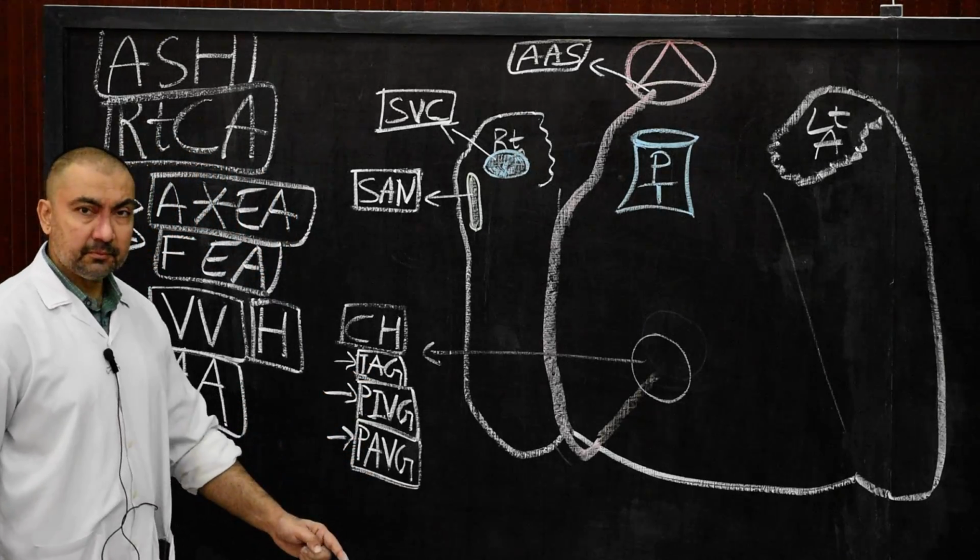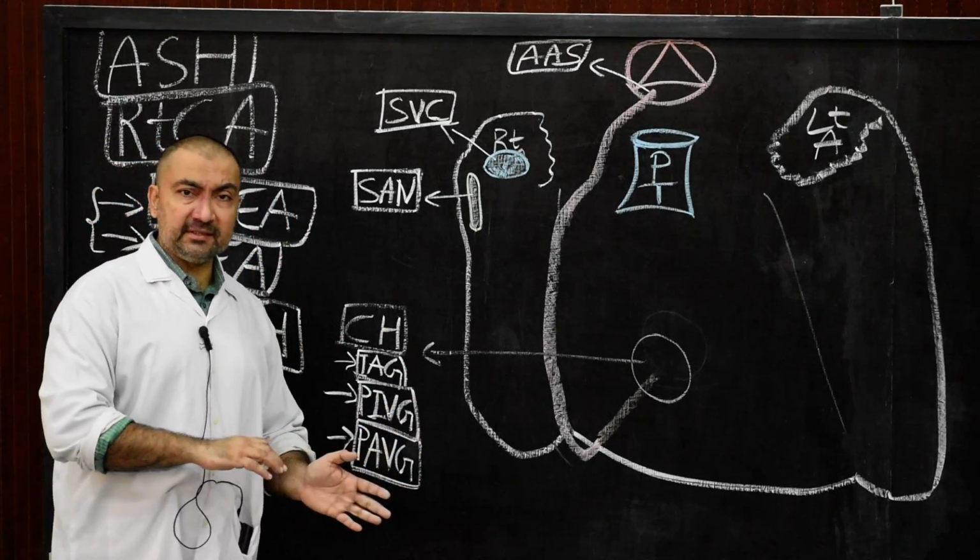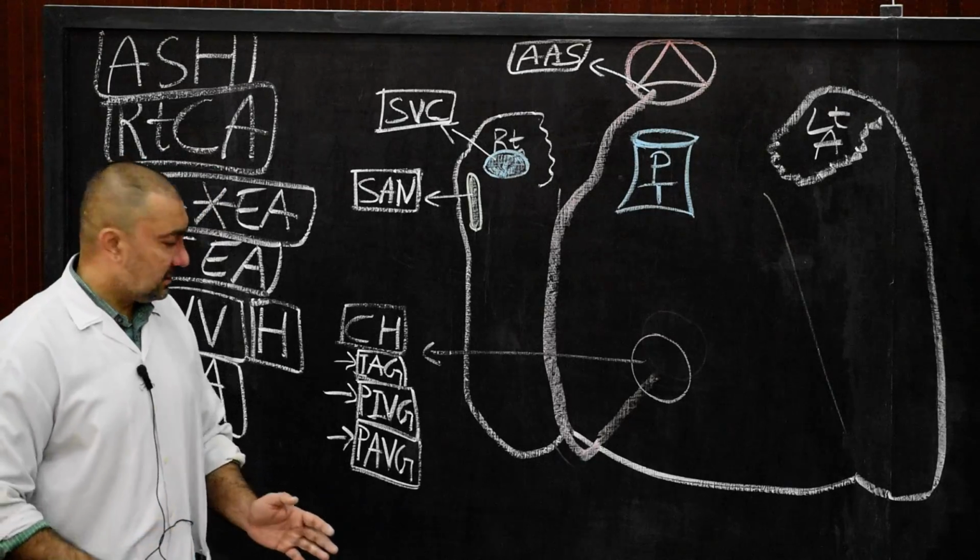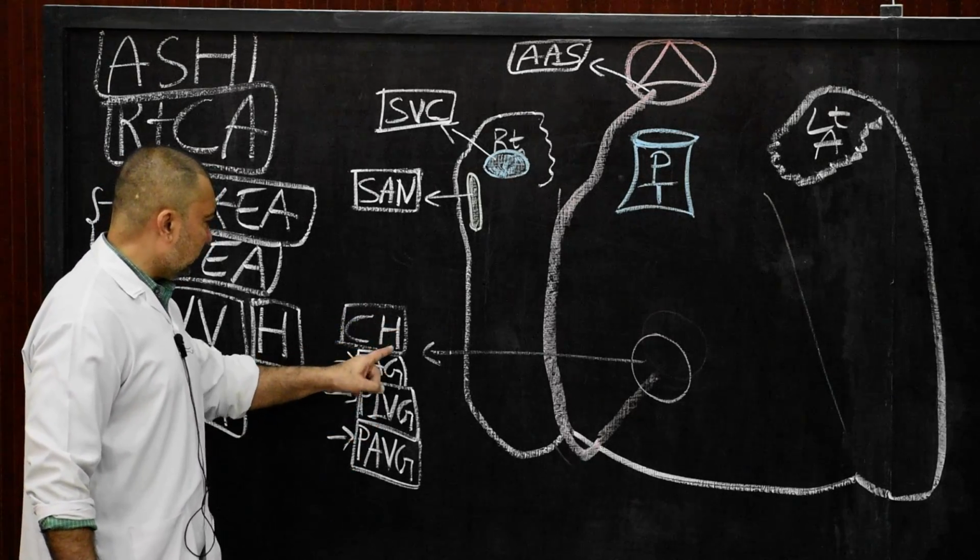These 3 grooves on the posterior surface of the heart join, and that point is known as the crux of the heart.